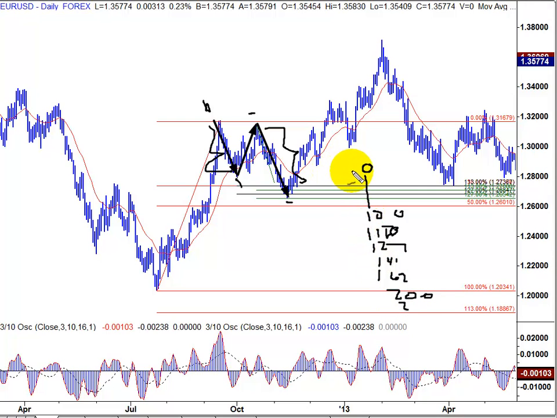So even though this may be a 1272, as you can see here, it's still within the context of an A to B, C to D relationship. All right, it's still in context. Doesn't mean that because this leg was longer that it invalidates this, because you're now tying it into other things, retracements, other levels.